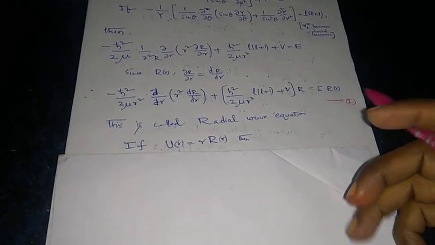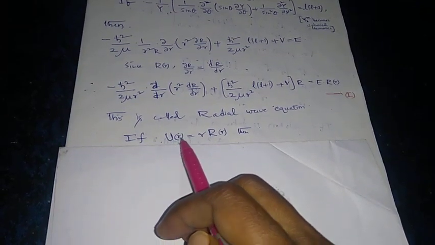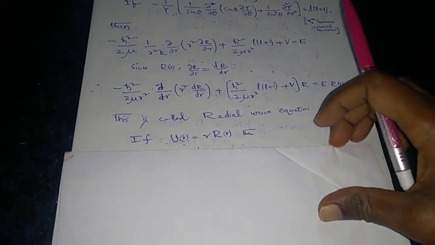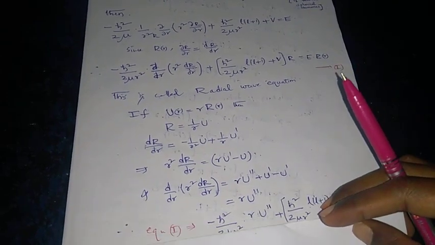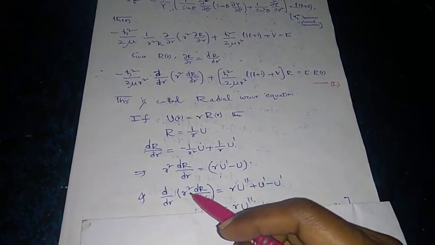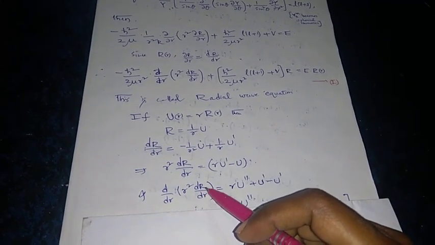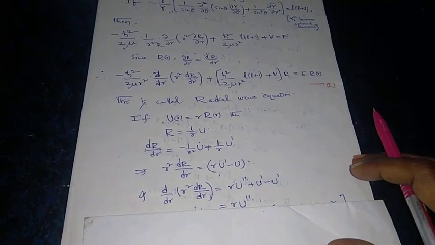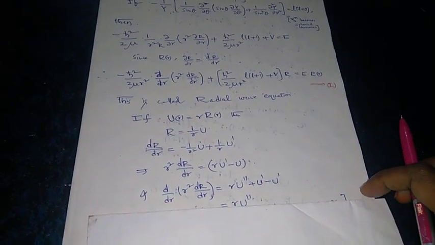And to simplify this equation, we define another function u of r, which equals small r times capital R. Then if you do that, we'll see that d by dr of r square dR by dr becomes r times u double prime.